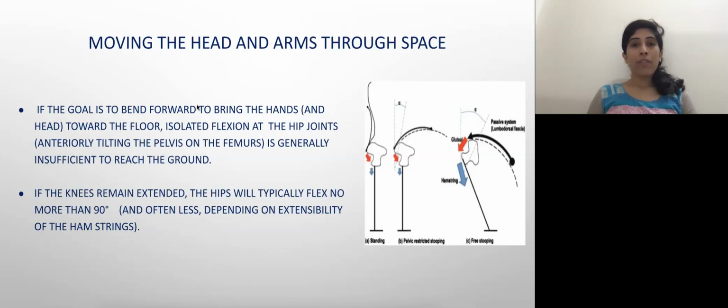If the person keeps the knee in extended position, it is more difficult to bend forward, because here the hamstring will go into passive insufficiency and won't be able to generate lengthening force at the hip joint.